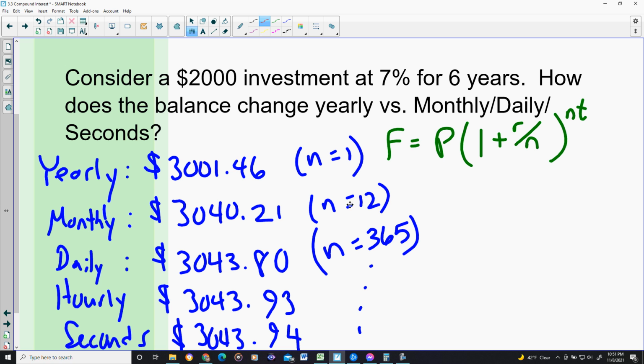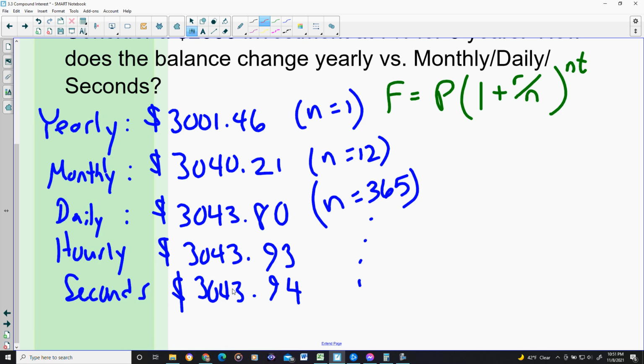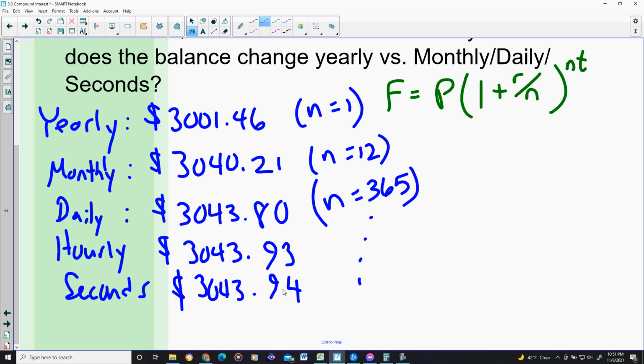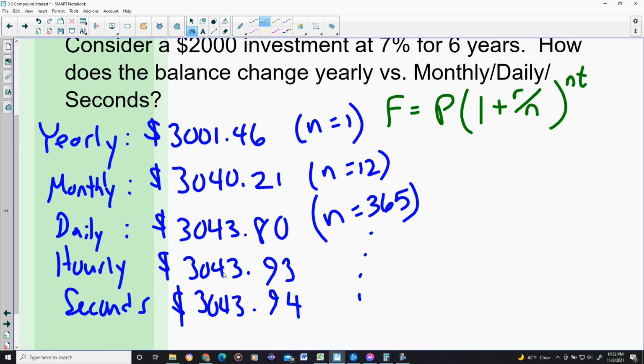So you are going to make a tad bit more money doing that. Not much, as you can see. Once you hit daily, it really doesn't pay to do it anymore. So that's why banks do it daily. It's easy for them to do, and they don't have to worry about giving people money every hour or even every second.